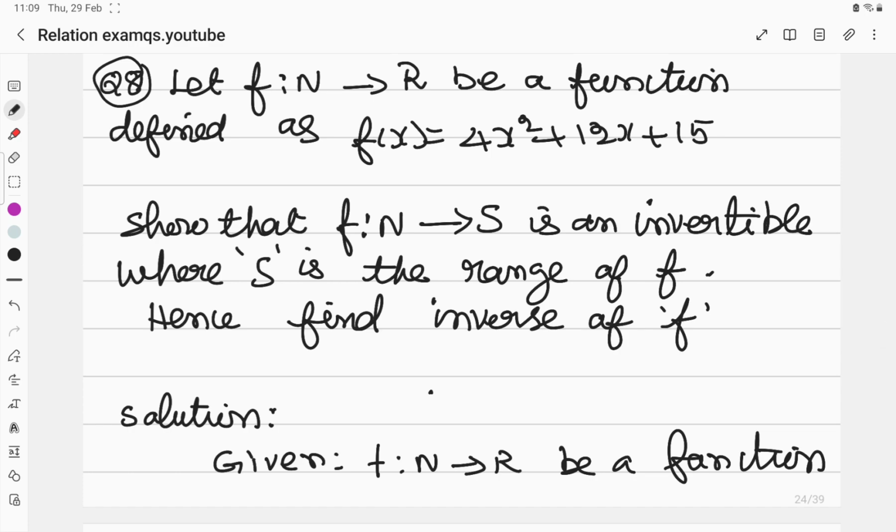Question number 8. Let f from R to R be a function defined as f of x is equal to 4x square plus 12x plus 15.